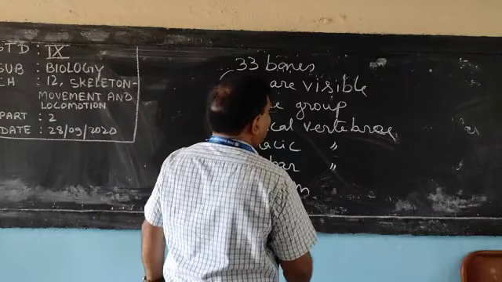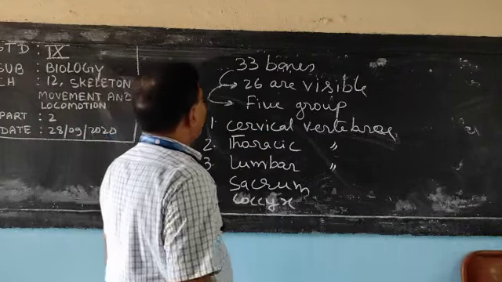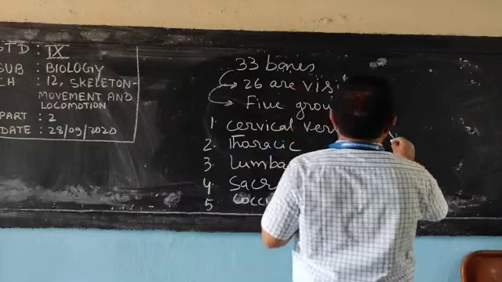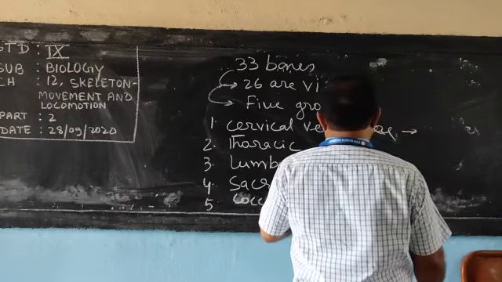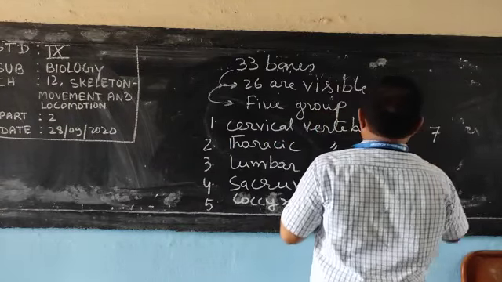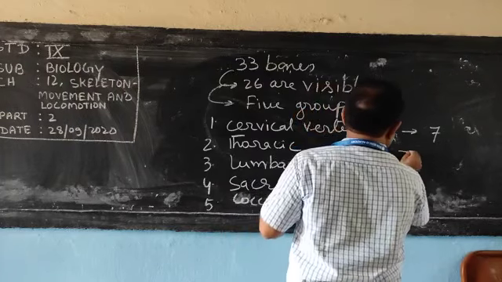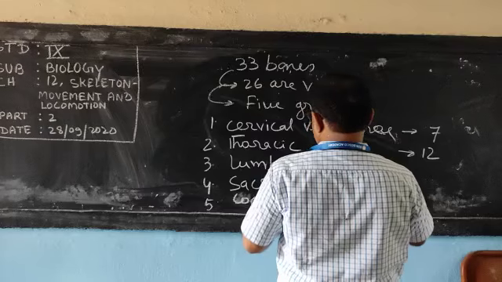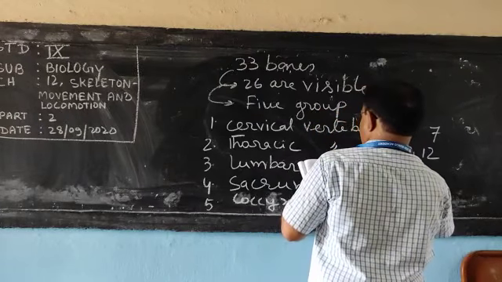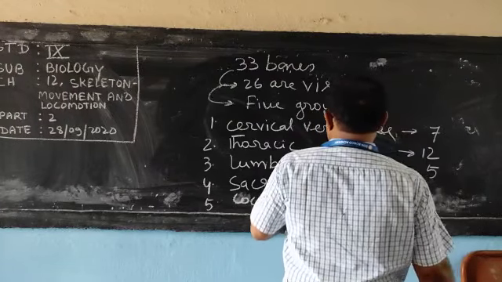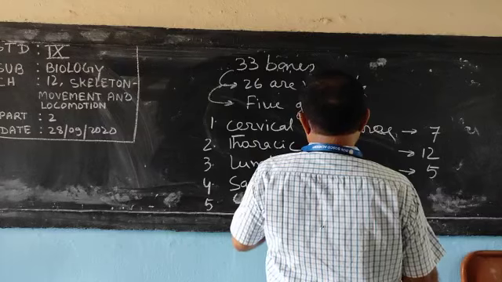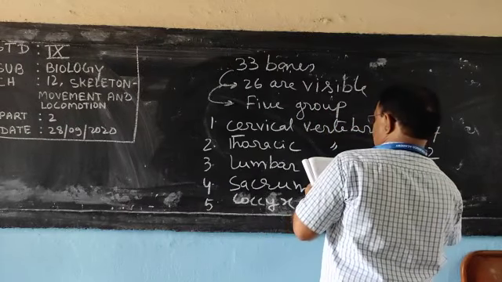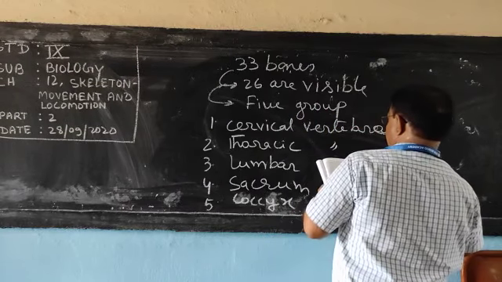Now, try to understand the number. How many bones are there in cervical vertebrae? There are 7 bones. In thoracic, 12 bones. In lumbar, 5. And in sacrum, 5.